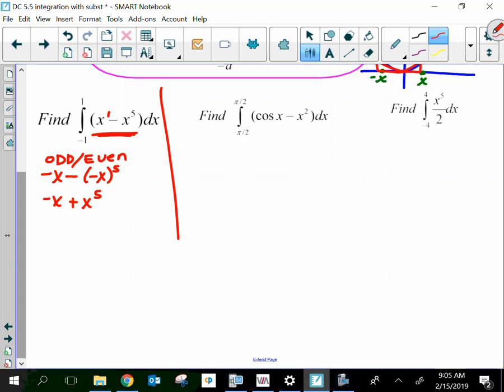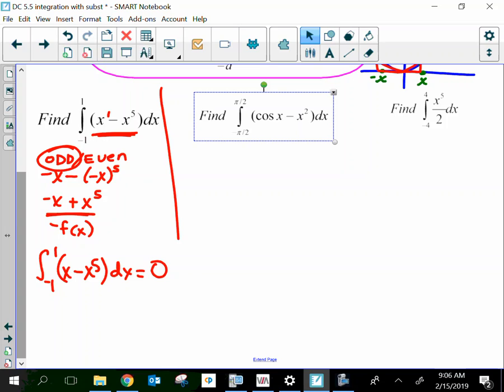Now, if you compare this to this, that's exactly the opposite, is it not? So it is odd, which means the answer to this one is 0. I'm done with it. So you take a little bit of time to check even or odd. If it's odd, you'll be like, woohoo, I'm done. Move on.